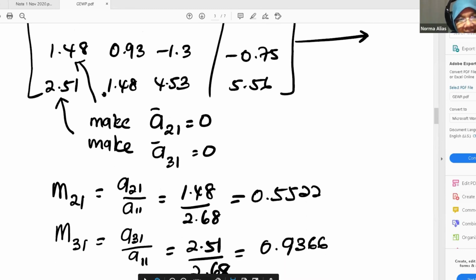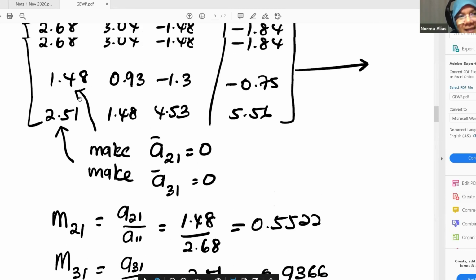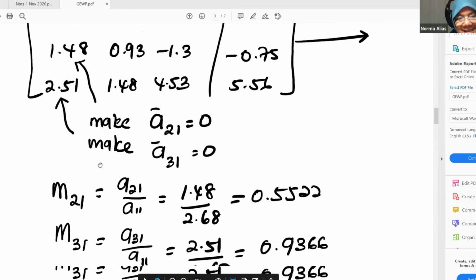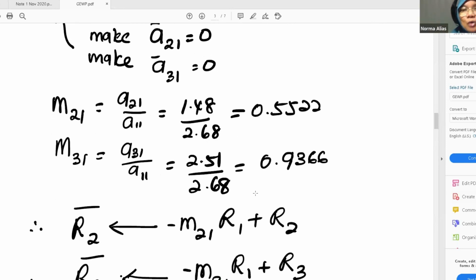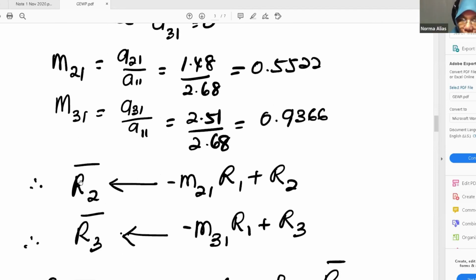A31 is 2.51 divided by 2.86 is 0.966. These parameters will be used to generate the row arrangement. So the new R2 will be negative M21 R1 plus R2. Same as what we learned before, just the way I write.